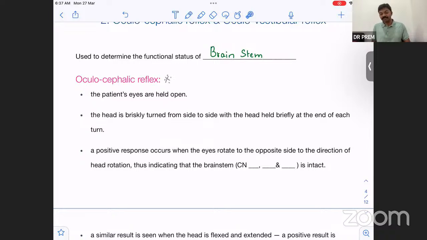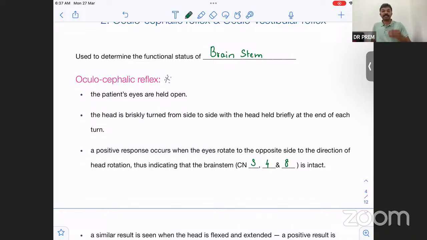What are the cranial nerves that support this movement, guys? Now, you turn the head of your patient to one side, the eyeball is moving to the other side, right? So this is practically lateral movement of the eyeballs. In this way, you are testing the oculomotor nerve, the trochlear nerve, and also the vestibulocochlear nerve, because the whole reflex is elicited from the semicircular canals.